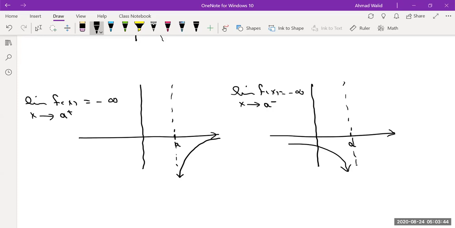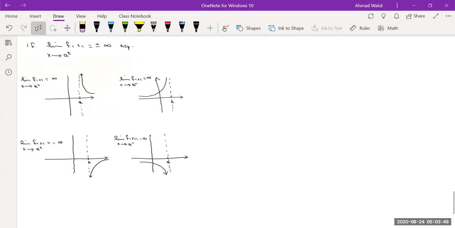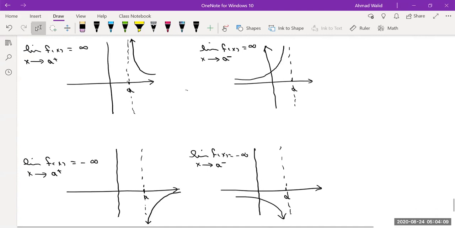There are 4 cases, nothing outside of these 4. You have only these 4 cases. X approaching A from the right, you can go to positive infinity or negative infinity. X approaching A from the left, you can go to positive infinity or you can go to negative infinity. 4 cases, correct? That we discussed here.